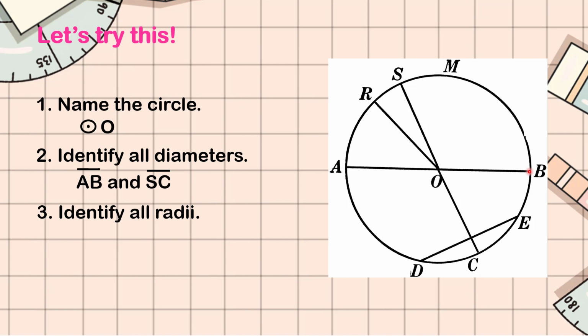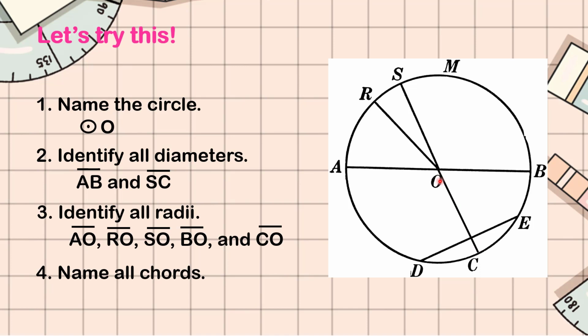So the radii of this circle are segment AO, segment RO, segment SO, segment BO, and segment CO.